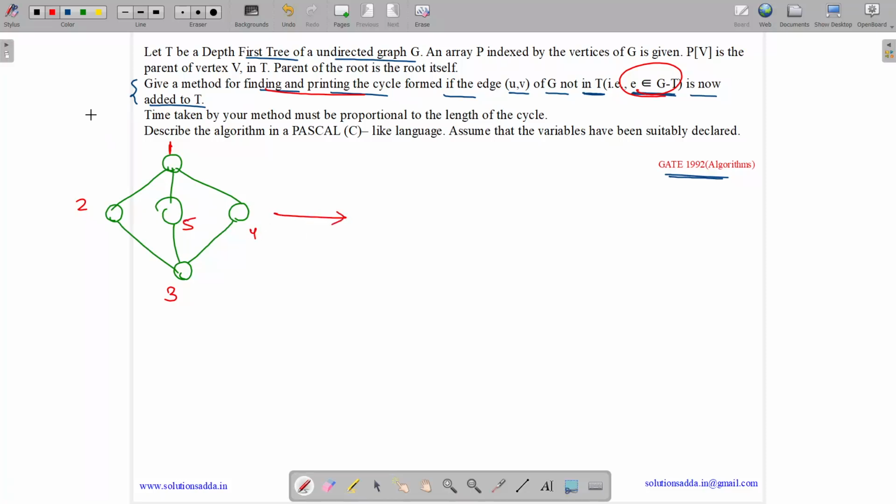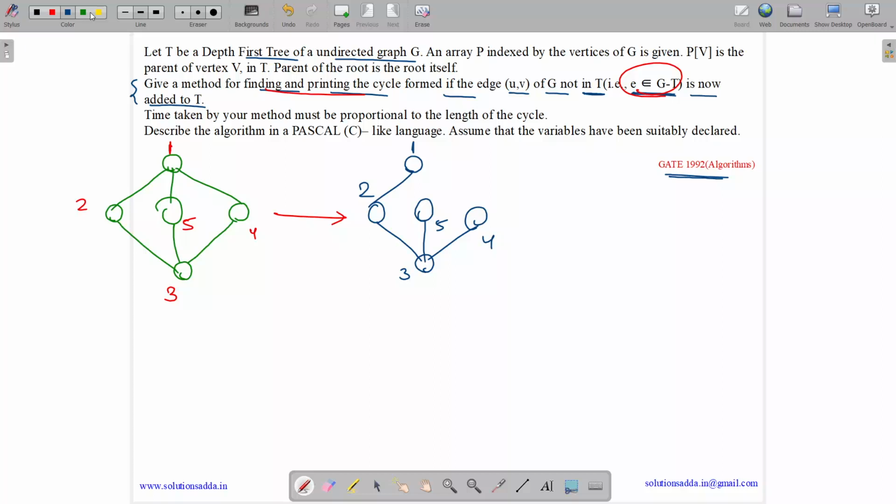So what is the DFS for this? There can be many DFS trees. Let us take any one DFS like this one: 3, 4, and then I should connect this. Any edge can connect, so let us assume this one will connect this.